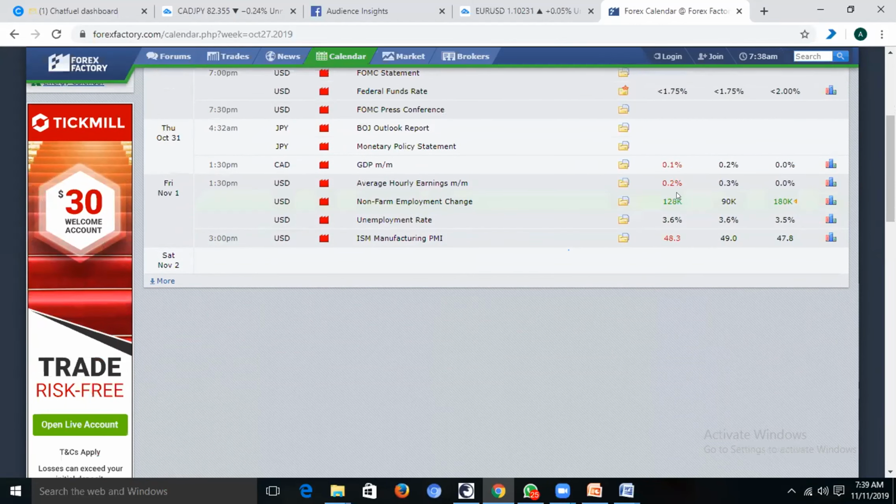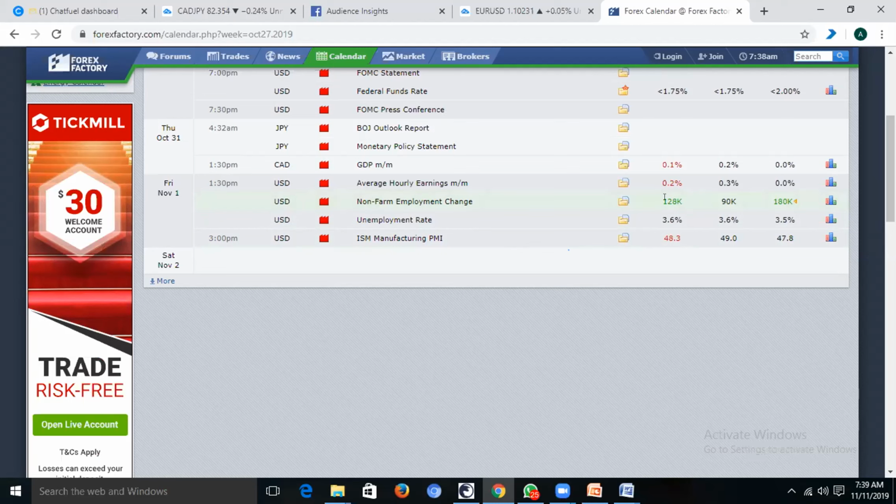If you are expecting the news, before it comes out you must have exited whatever you're doing with Euro USD or any currency pair that has to do with USD. After exiting, you want to trade this market. If this number is above the forecast or even above the previous, it means that the US dollar will have strength.